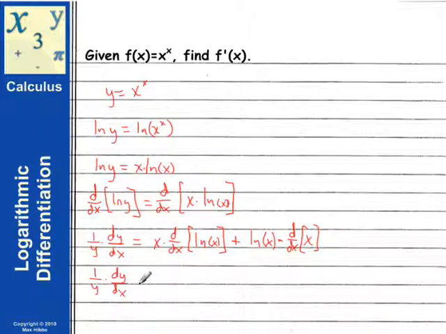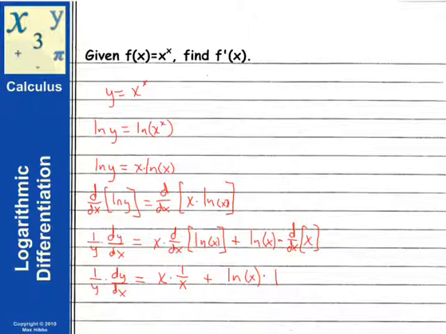On the right side, we'll actually perform these derivatives. I just wrote down what we were going to do. So we have x, this x, times the derivative of natural log of x, which is just 1 over x. Of course, here we have natural log of x times the derivative of x with respect to x, which is just 1.